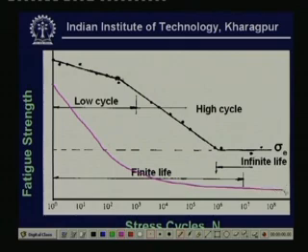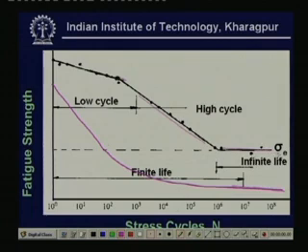What was the main interest was that they do not have any specific endurance limit, and this was a representation for a typical steel material, say mild steel or so.